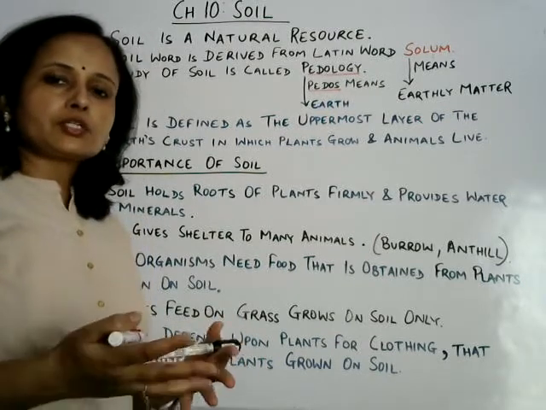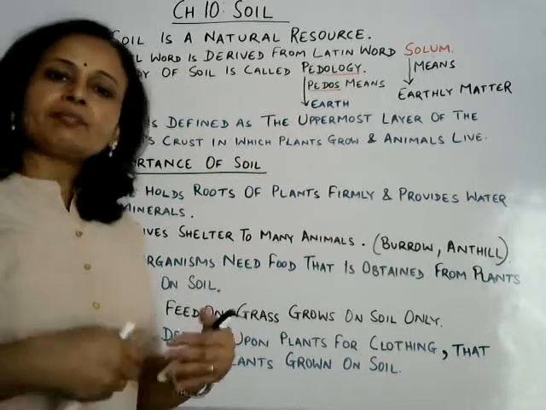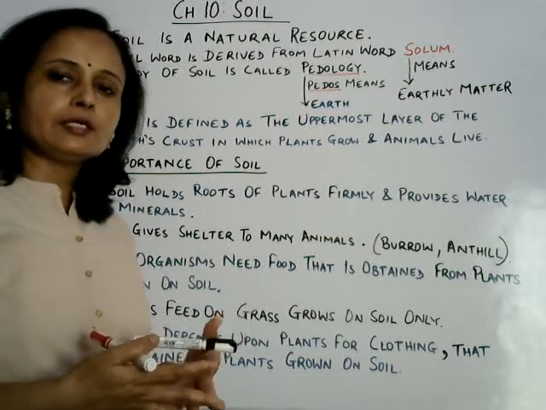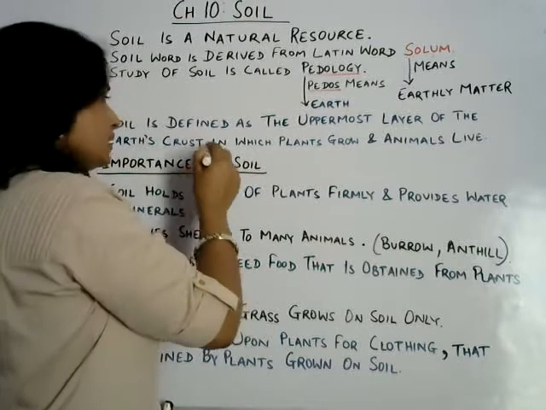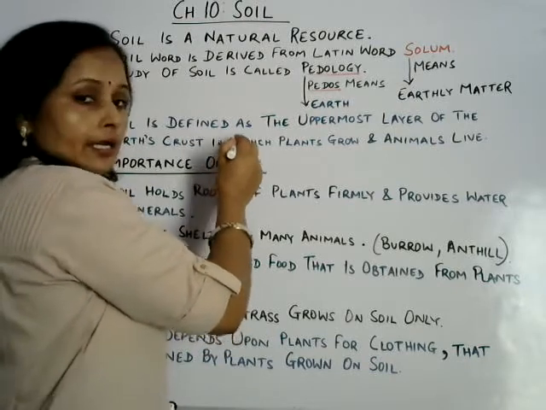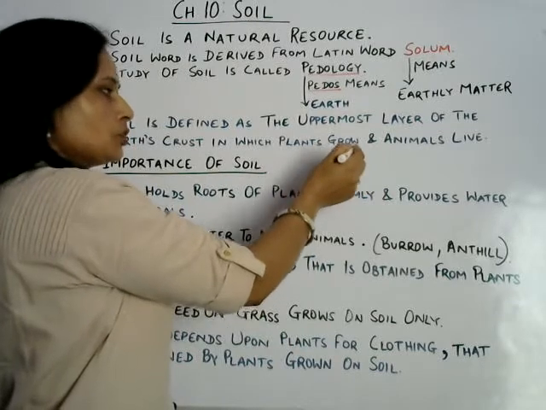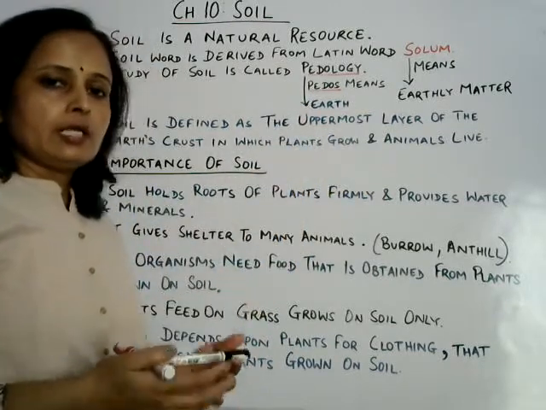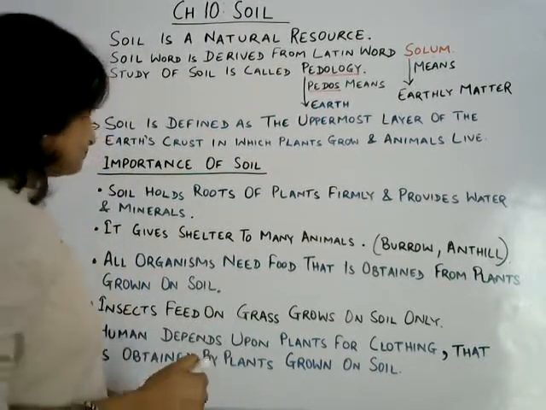The structure of the earth: innermost is the core, then the mantle, then सबसे ऊपर बाहर external part, that is the crust, and the uppermost layer of the crust is soil, in which plants grow and animals live.